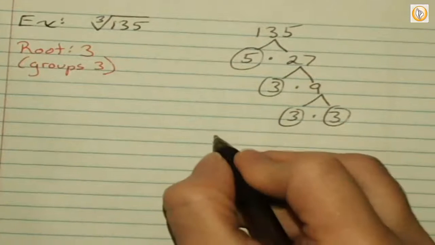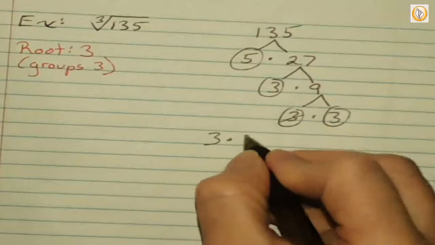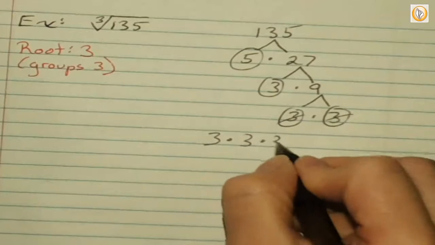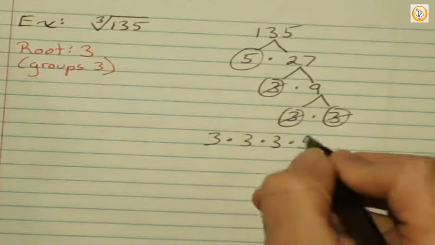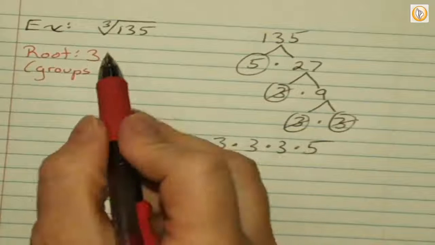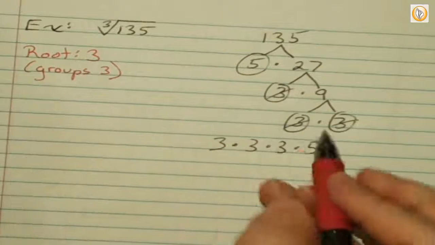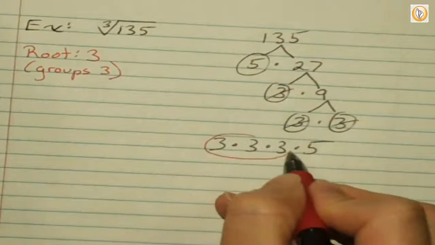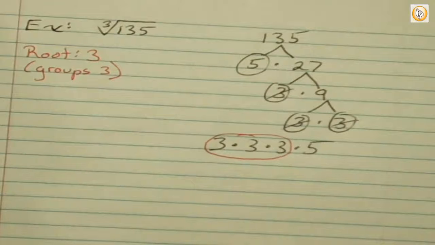All right, so we write out all of our factors in order. And this time, because of my root of 3, I'm going to circle my groups of 3. And there's my leftover.